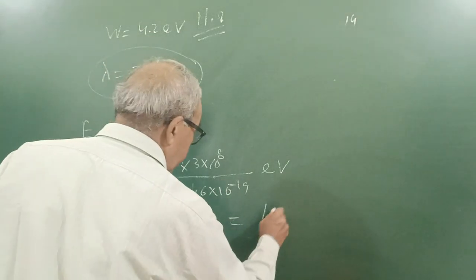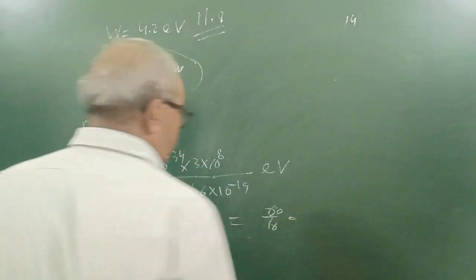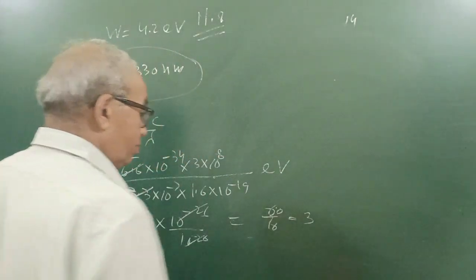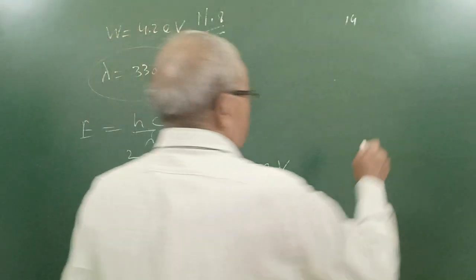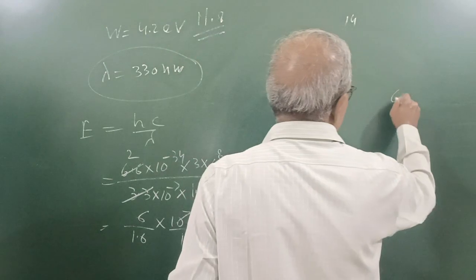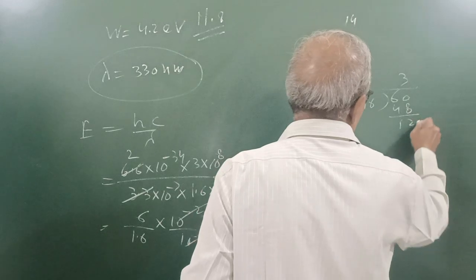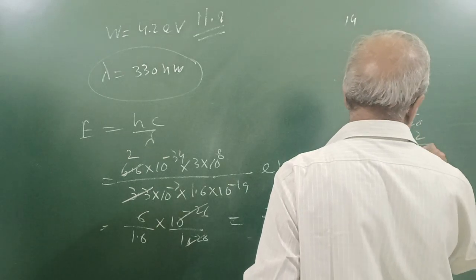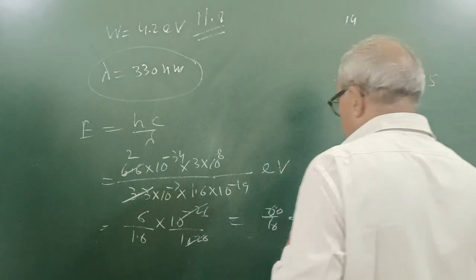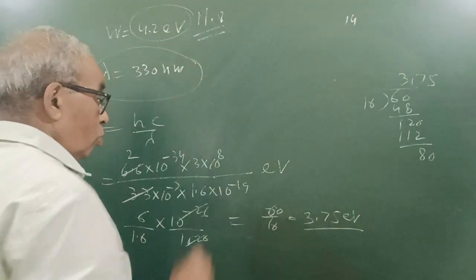So it is 60 upon 16. 16 threes are 48, 12. 60 divided by 16, so 3.75 electron volt. The work function is 4.2 electron volt.